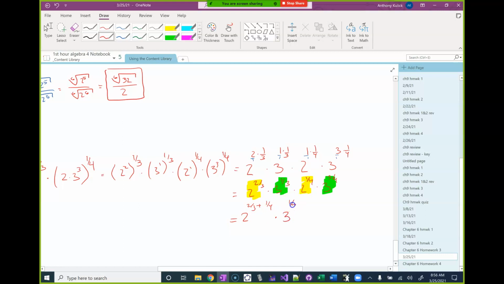To add these fractions, we have to have a common denominator. The least common denominator between 3 and 4 is 12. So the first fraction, I'll multiply by 4/4, the second one by 3/3.